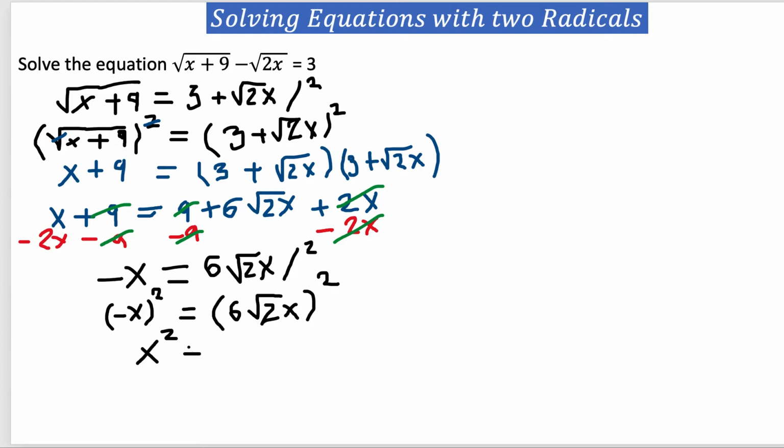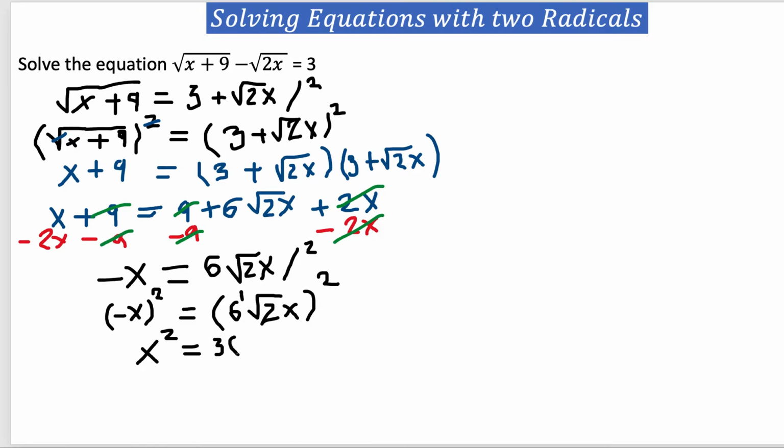And what's going to happen on the other side? If I'm distributing the exponent 2 here, because 6 has an invisible exponent 1, 2 times 1 is 2, so 6 squared is 36.